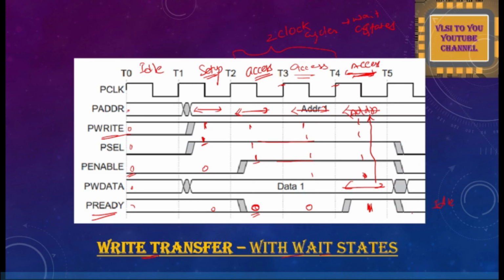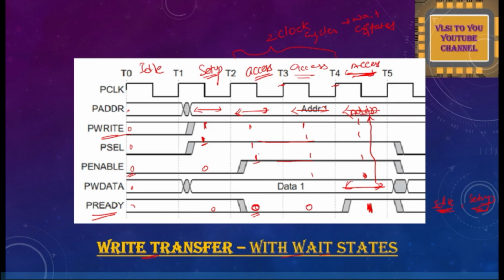Or else if there are any other transfers, then again it will go to the setup state. As we have already talked about in the operating states video, you just go there and check it out. What happens after PREADY equal to 1 and the data is written into the address, what happens next? You can go there and check it out.